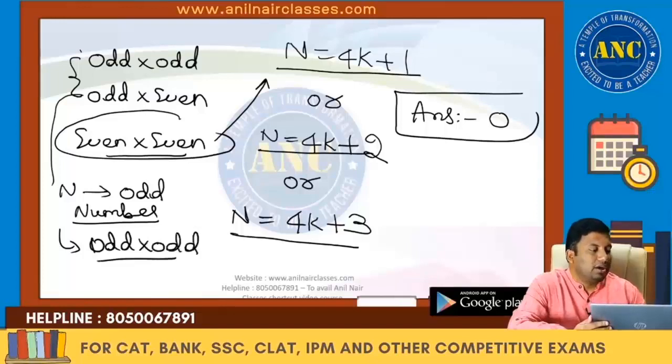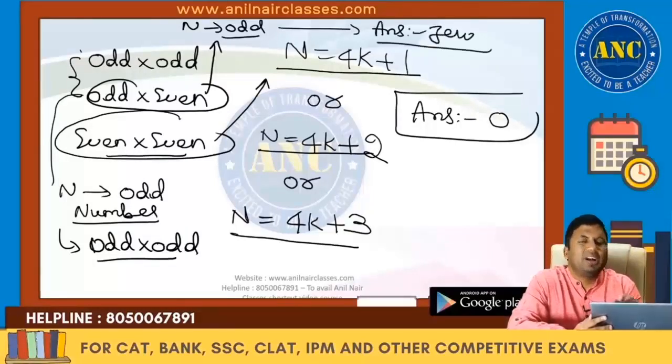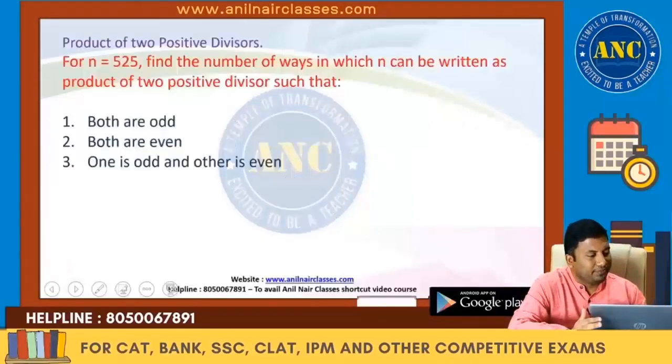If it is an odd into an even case and the number is an odd number, odd into even will give an even number, so the answer for this question is again 0. It all depends upon the value n takes. You don't need to remember it like this. You just see the question and go step by step. You will get the answer.